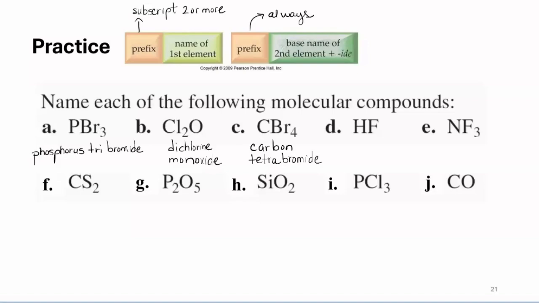In letter D, I have hydrogen, which has no subscript, so it doesn't get any prefix. The second word is mono fluoride, because I only have one fluorine. Next, I have nitrogen, and because fluorine has a subscript of 3, this is trifluoride.